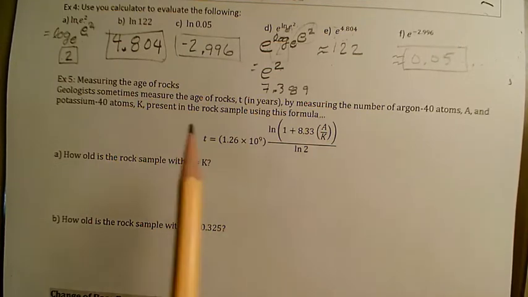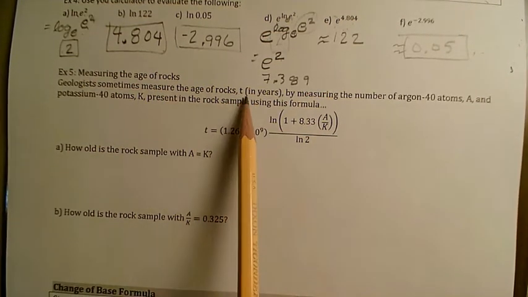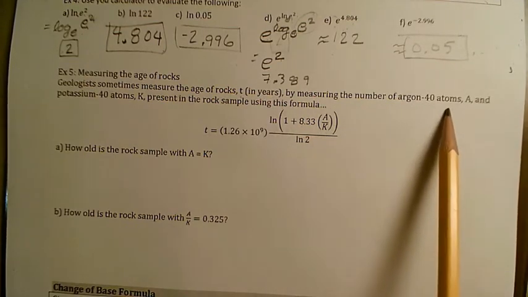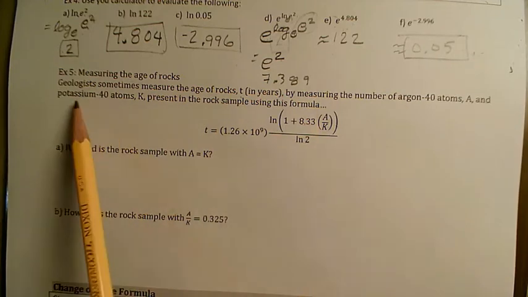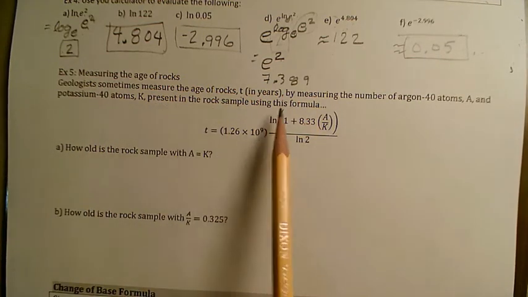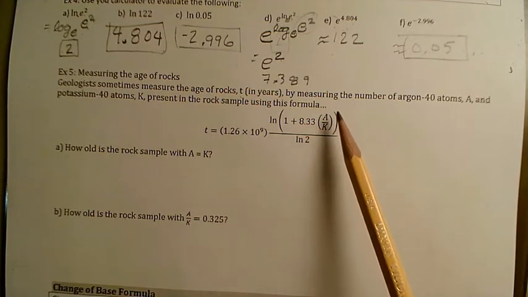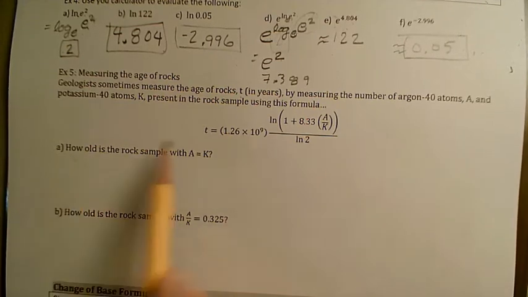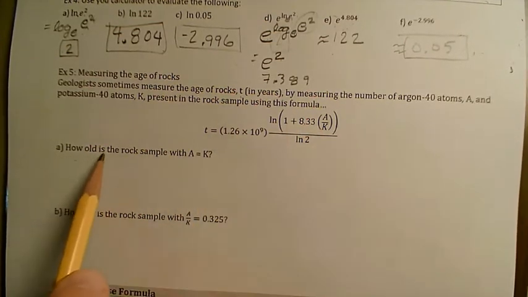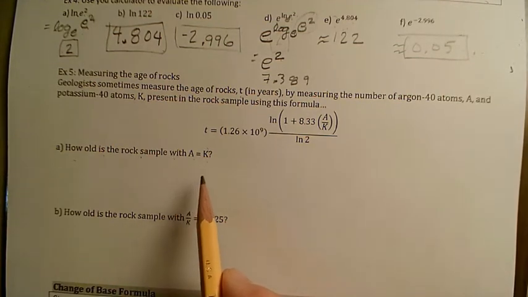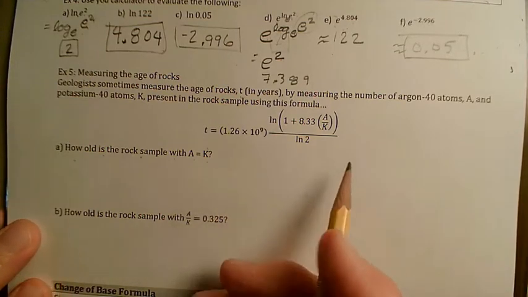But here, geologists sometimes measure the age of rocks, T in years, by measuring the number of argon-40 atoms, A, and the potassium-40 atoms, K, present in the rock sample. So really, we're not measuring the number of atoms, but the ratio is really what we're interested in here. And so here's this complicated formula, but how old is a rock sample when the A and the K are equal? So when the number of argon and the number of potassium-40 atoms are equal, what is the age of the rock?